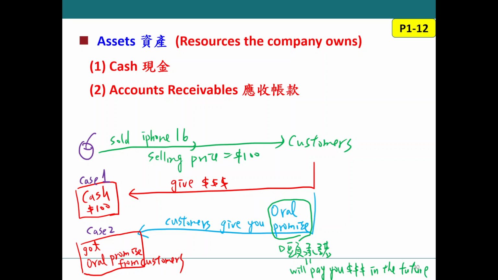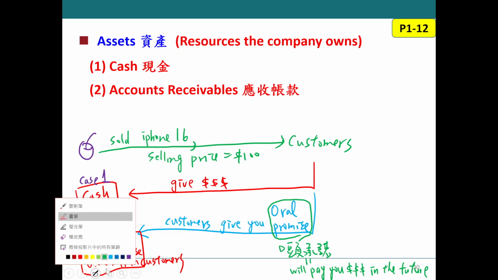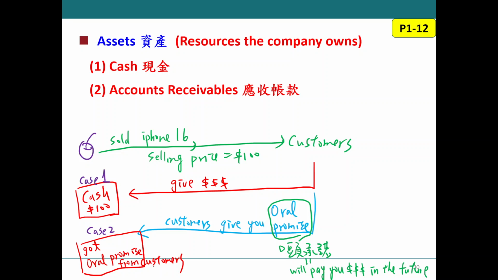For this case, we call it accounts receivables, 应收账款. Second case, for this situation, we call it accounts receivables. Okay?